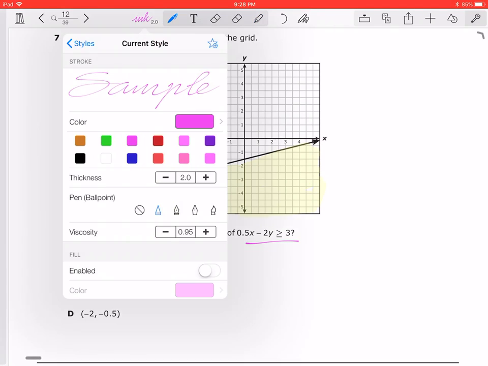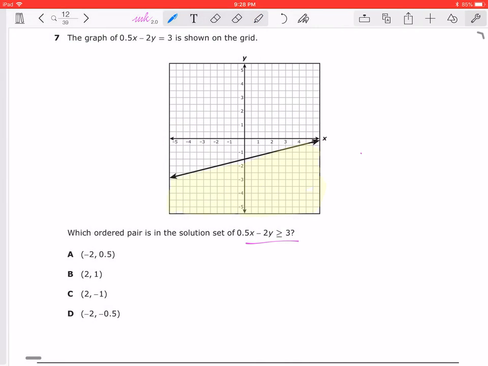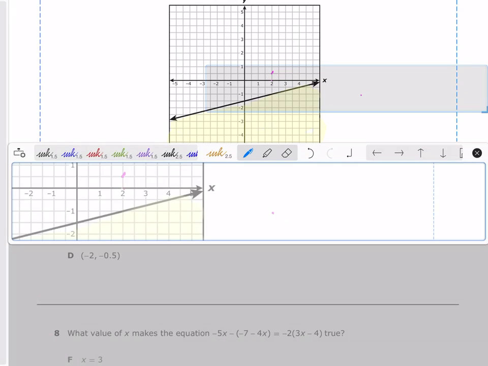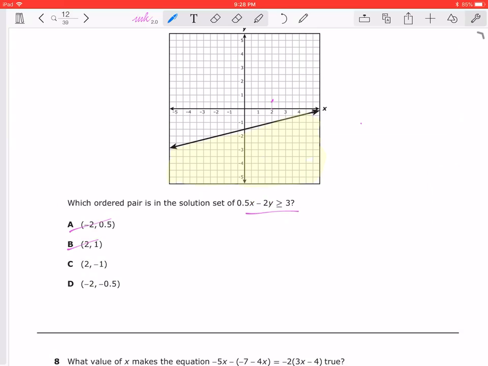That means 0, 0 should not be shaded because it won't be true. Now let's see, we have negative 2 and 0.5. That's not a solution, that's outside. Then we have 2, 1, that's over here, so that's not a solution. Then we have 2, negative 1, again, that's not a solution.